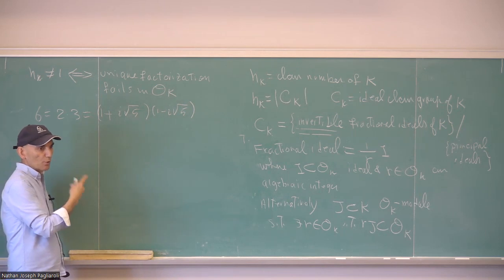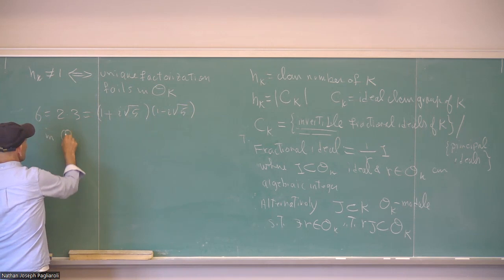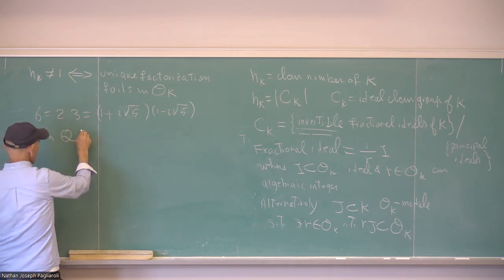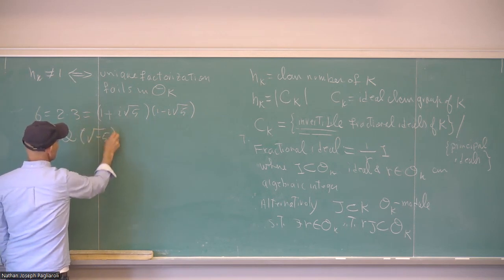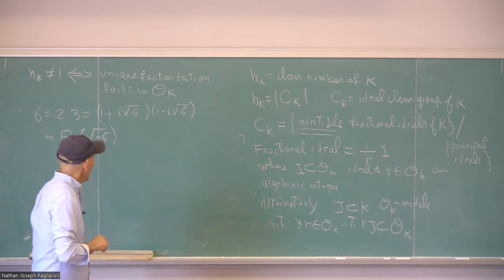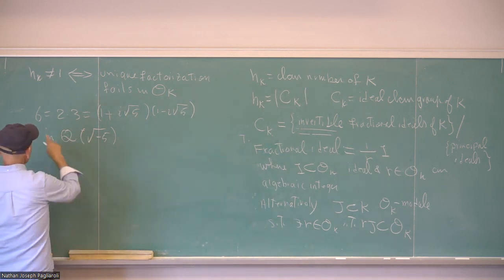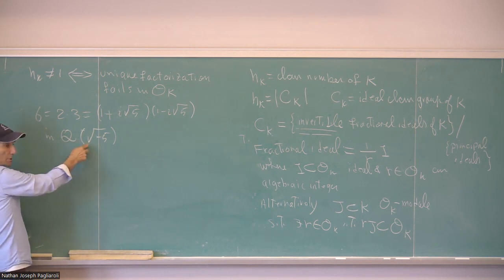But this story is taking place in Q adjoin root minus 5. Now you can show that 6 obviously is not a prime number in this field.